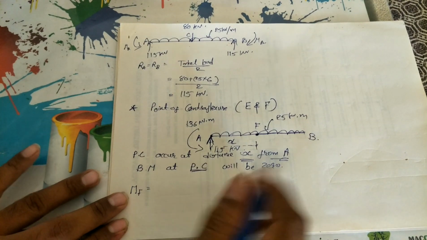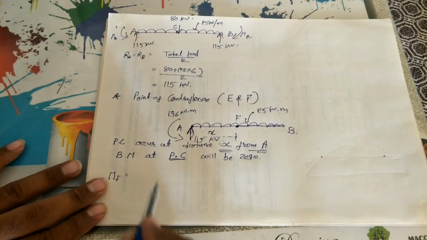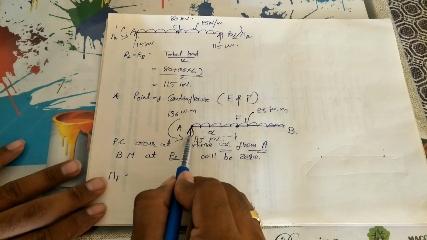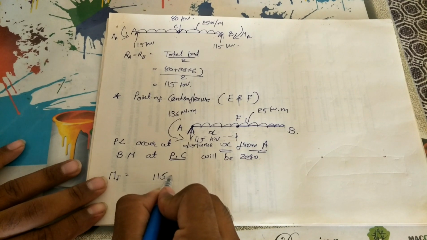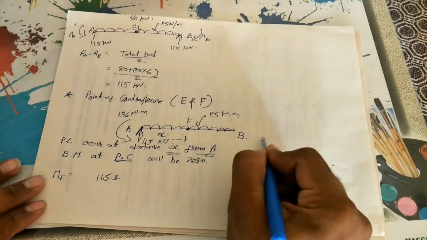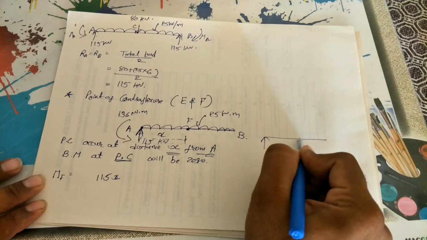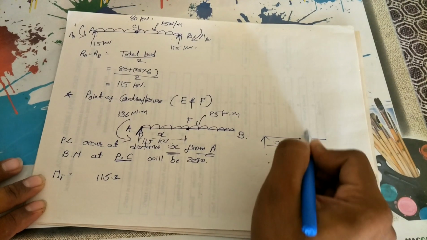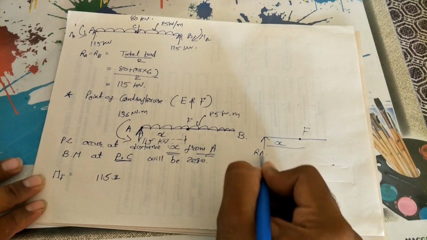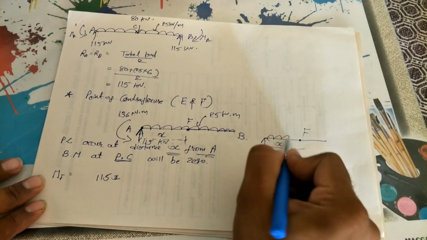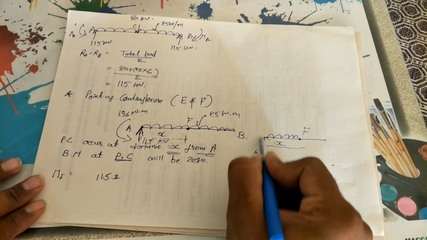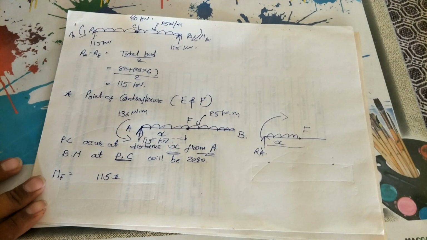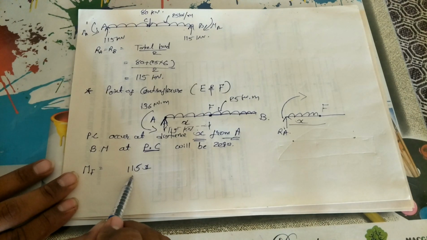From the left-hand side, force into distance is 115 into X. This is my distance X, and this is F, and I have this RA. So RA into X is clockwise, so 115 into X is clockwise positive.